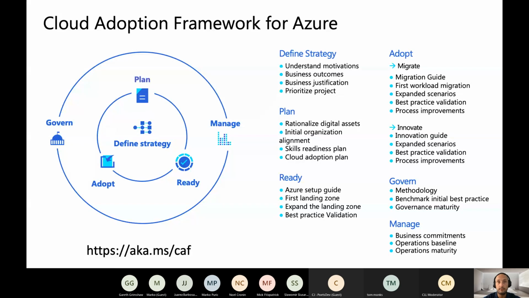You can find it at this URL, aka.ms/caf. And it's basically a docs page with all those things in it. So let's cover those stages of the Cloud Adoption Framework.